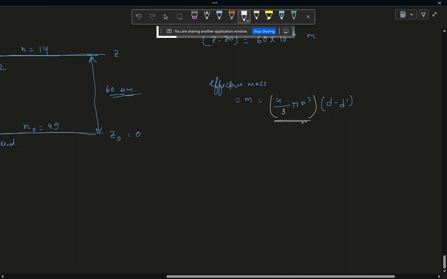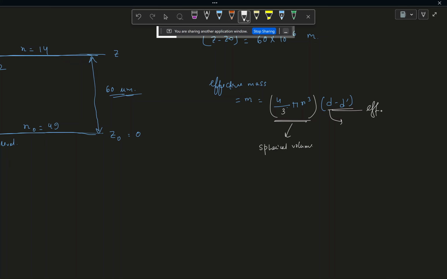This means that you are by default considering your molecule to be spherical, and its volume is 4/3 pi r cube, radius is r. And d minus d prime, why? Because you are taking an effective density. You know that mass is basically volume times density, and instead of directly multiplying with a single d, d is the density of that particular molecule or the particle.